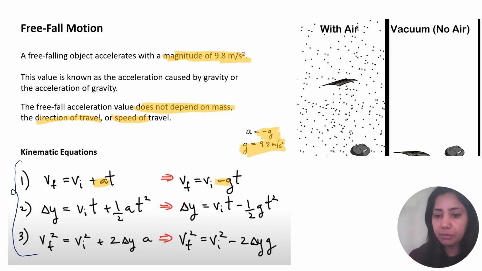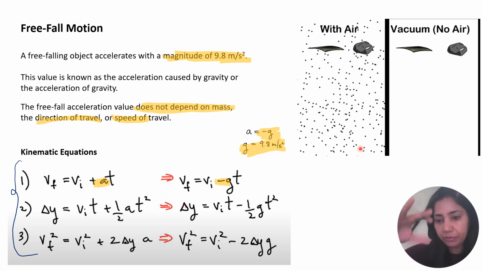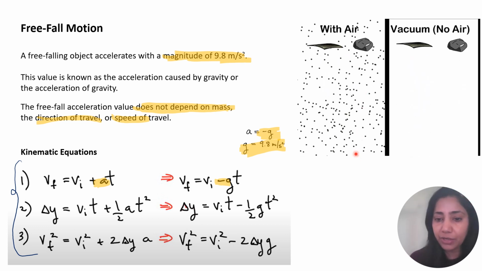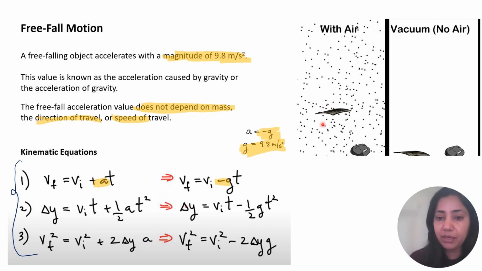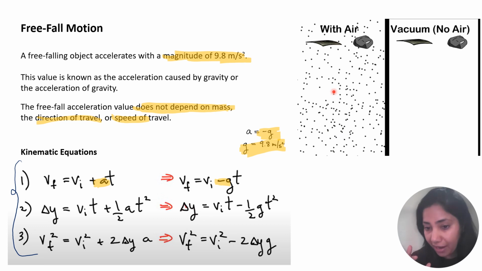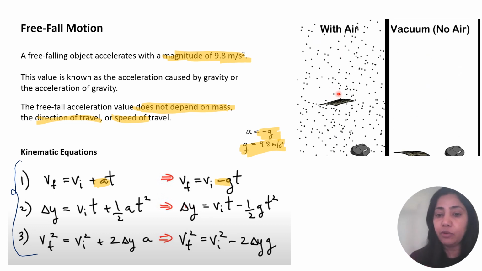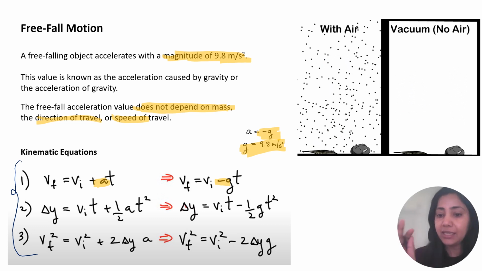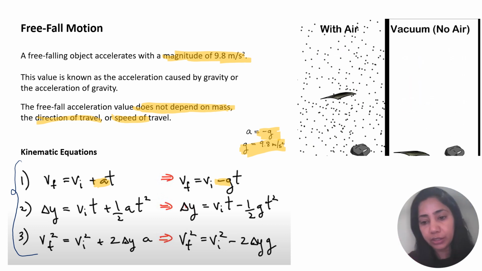In the first part, there is a block of stone rock and a piece of paper. We throw these two objects in the presence of air. The rock reaches the ground first, but the paper is under the influence of air resistance too, so it takes some time to reach the ground.